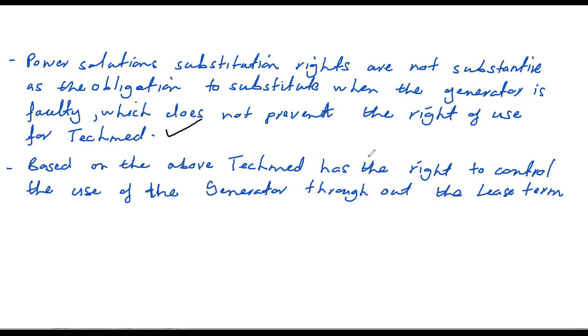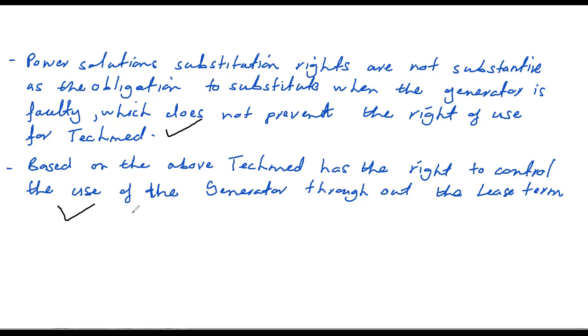Mark for that. Then you need to conclude if this person has the right to control the use, because number one is more important than the other three. So you conclude, based on the above, TechMate has the right to control the use of the generator throughout this term.